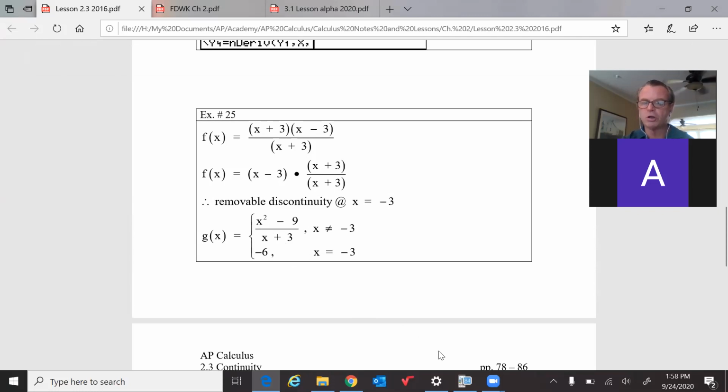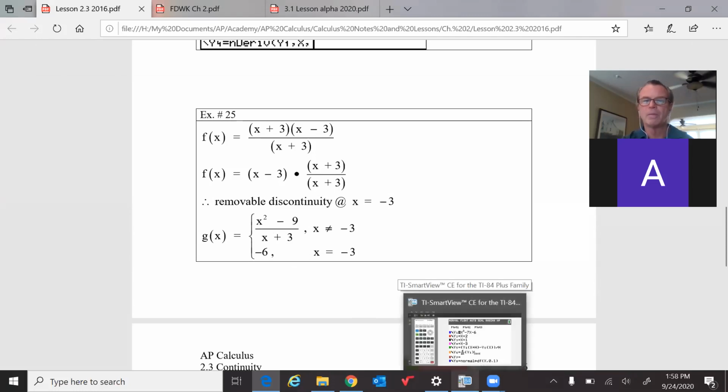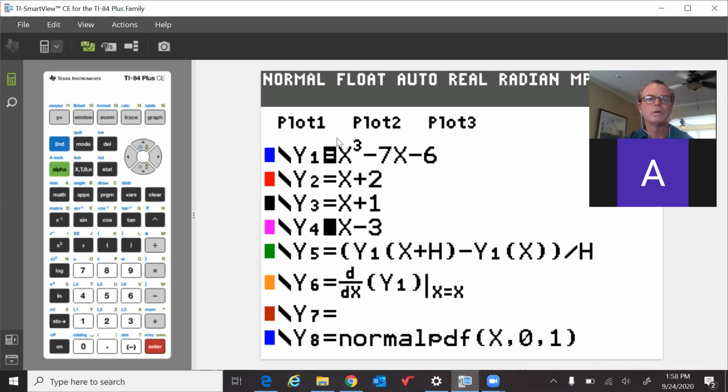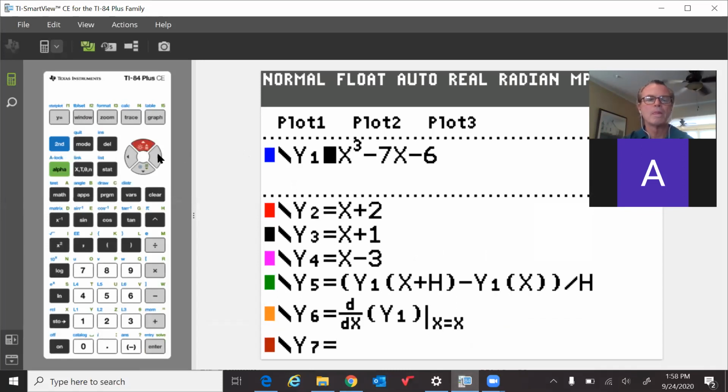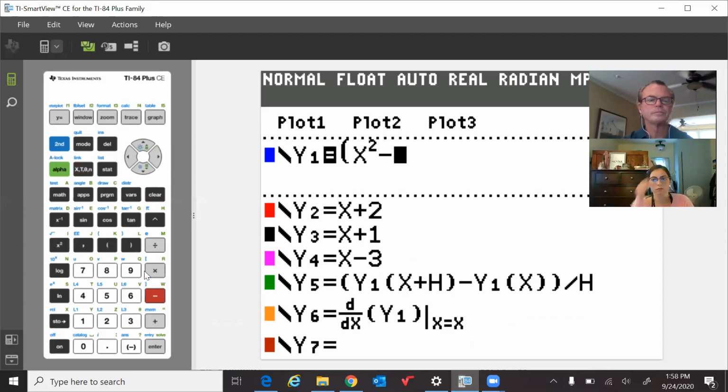Okay? So if we just look at it on the calculator, you should anticipate what the shape's going to look like.